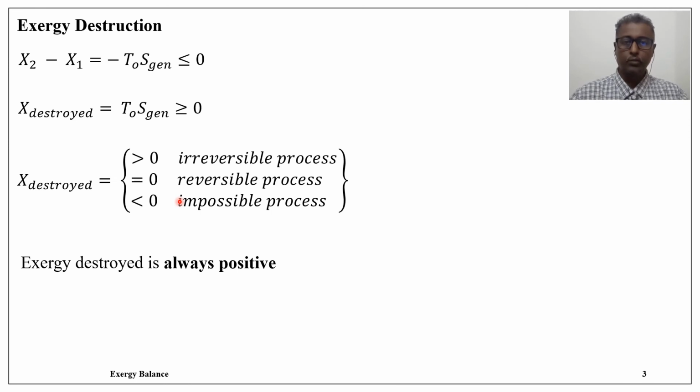Therefore, available energy decreases because exergy is destroyed. From the first law, we learned energy is conserved. From the second law, we learned entropy is generated. From the second law again, we learned exergy is destroyed. Thank you.